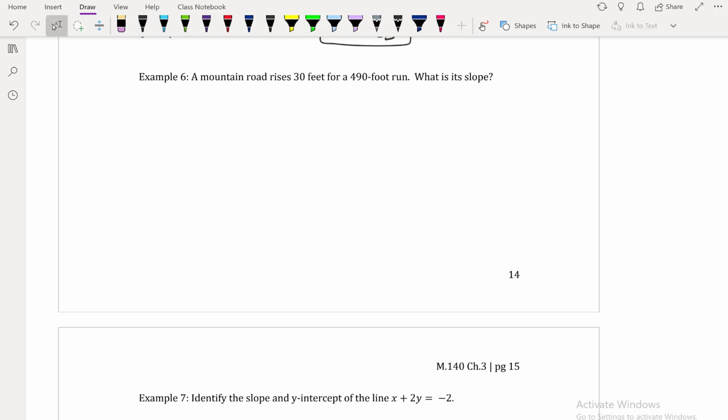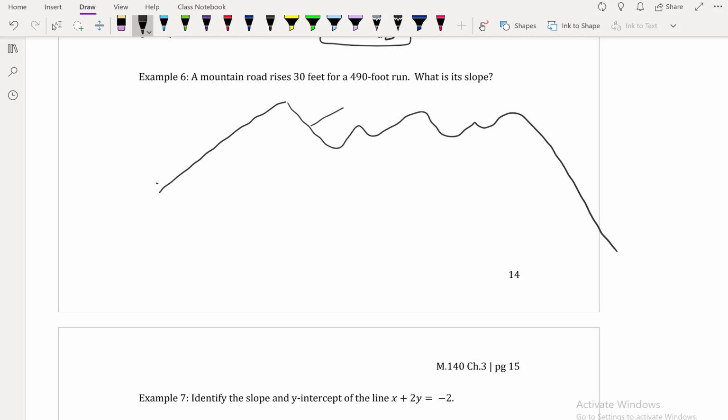For number 6, it says a mountain road rises 30 feet for a 490-foot run. What is its slope? So that means if we are on some type of mountain, okay, so pretend that these are mountains.